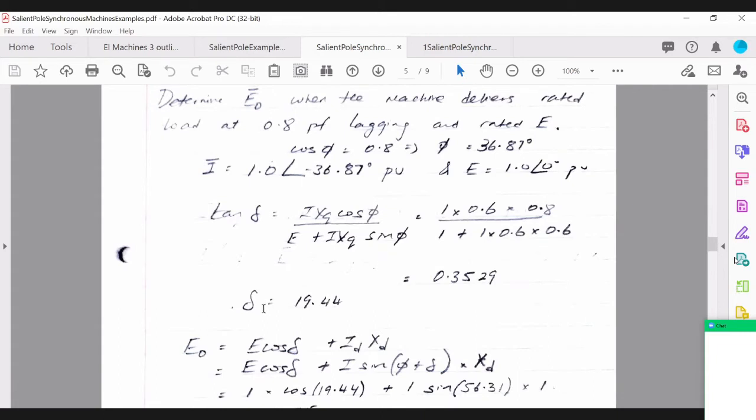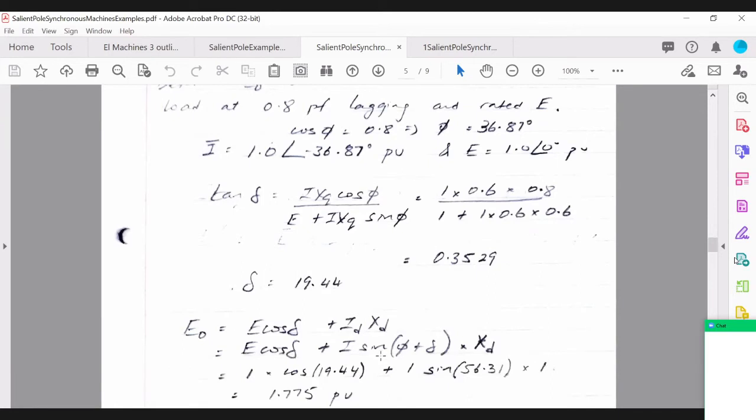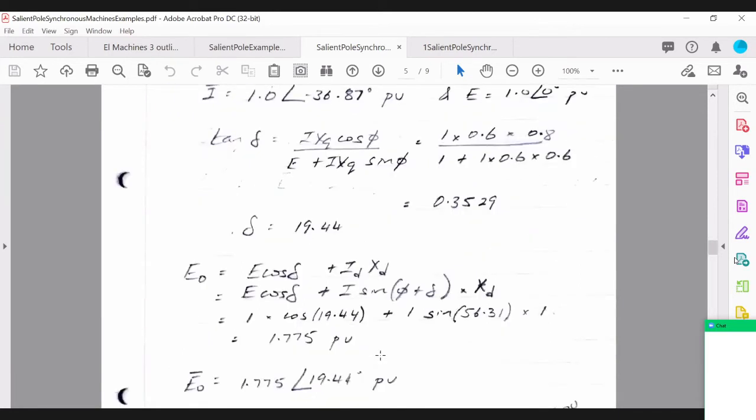I've substituted the values for the terminal voltage, the stator current, the q-axis reactance, and the power factor. Okay, so you end up with this angle delta being equal to 19.44 degrees, and from there, if you know delta, you can also work out the magnitude of the induced voltage.